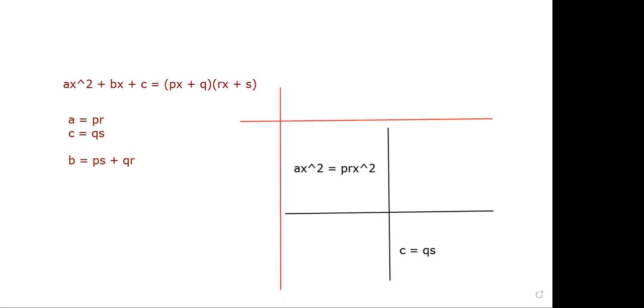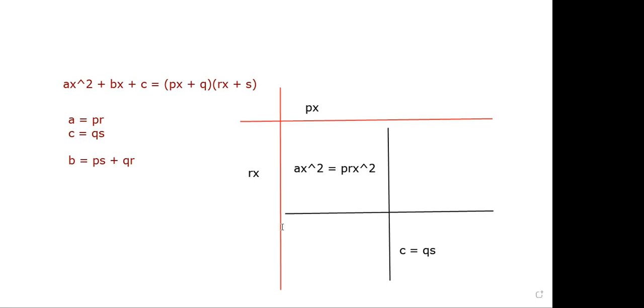Now here we will have something like PX, and here we will have RX. Depending upon what A is, if A is, let's say, 6, then P and R can be 1 and 6, or 6 and 1, or 2 and 3, or 3 and 2, right? Kind of two possibilities.